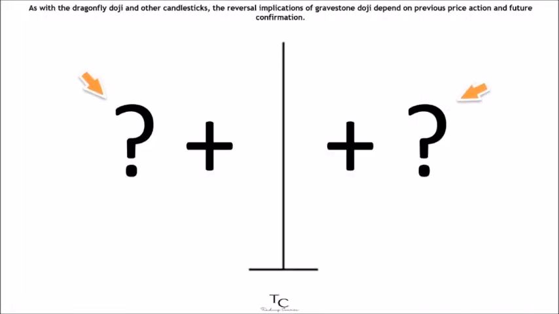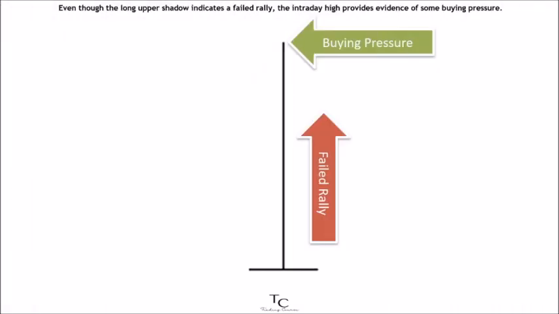As with the dragonfly doji and other candlesticks, the reversal implications of gravestone doji depend on previous price action and future confirmation. Even though the long upper shadow indicates a failed rally, the intraday high provides evidence of some buying pressure.